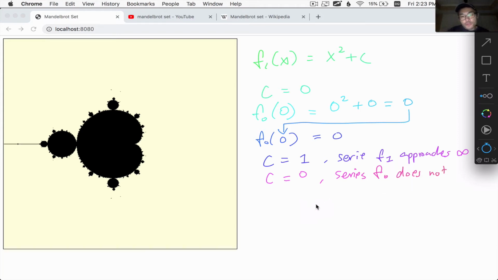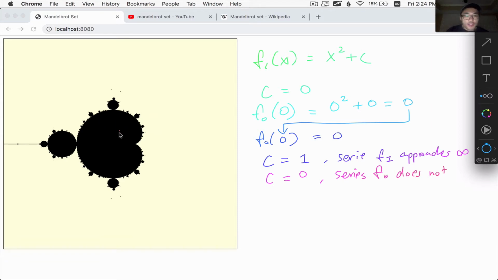And it turns out that for some values of c, the infinite series approaches infinity, and for other values, it does not. That is the intuition of what this is.